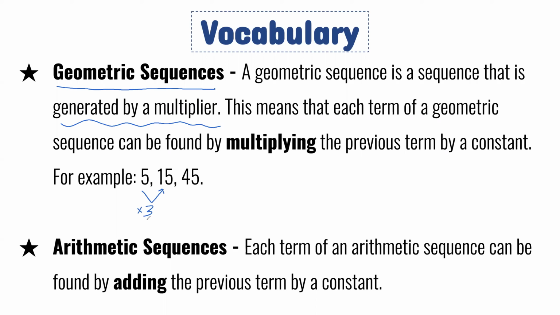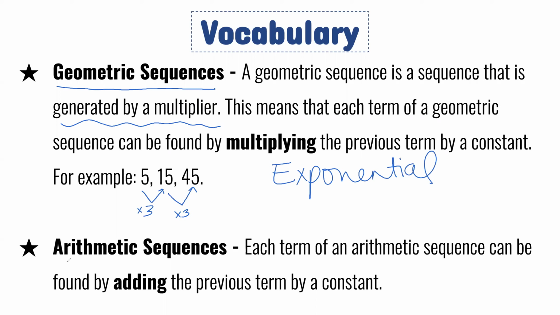And we need to make sure it's constant throughout all the terms. 5 times 3 does give me 45. So this is a geometric sequence, and this is an exponential. Okay, and so that's what we're dealing with in this chapter.